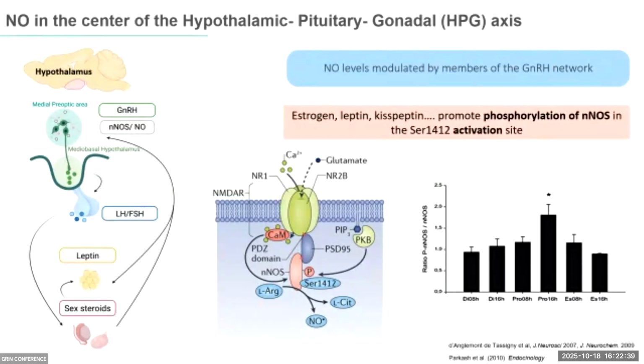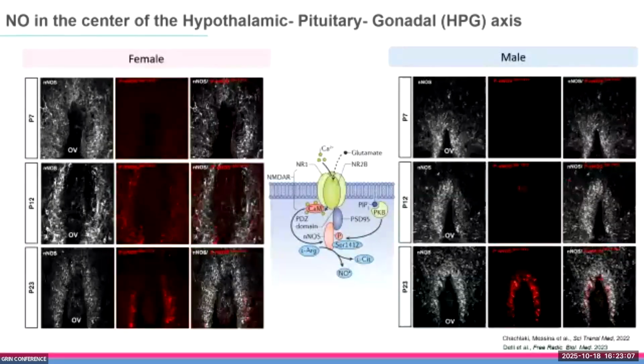And here I have an example of estrogen showing that the increase of the phosphorylation of the enzyme, so meaning this is the proxy for the activation of the enzyme, actually fluctuates across the female estrous cycle, being maximal at the day of the ovulation, meaning that estrogenic signals will control the amount of nitric oxide that is present in this hypothalamic area.